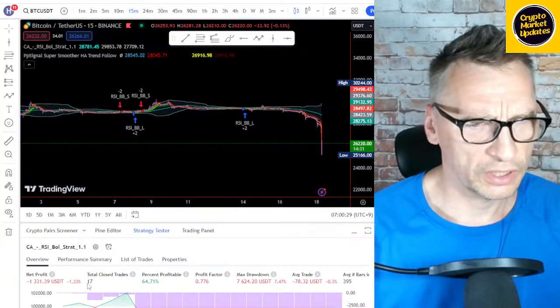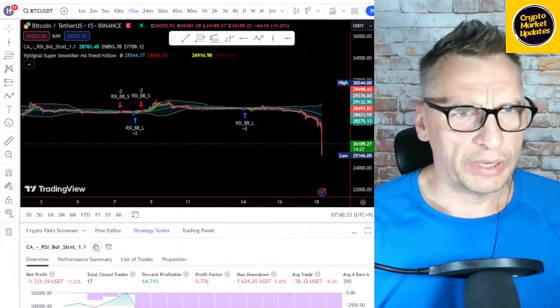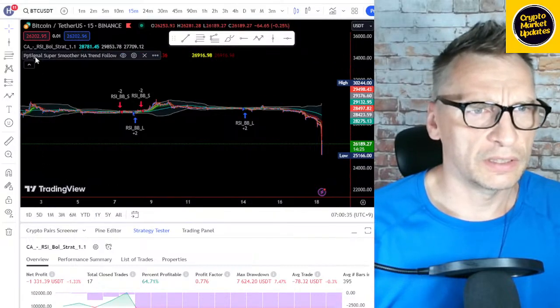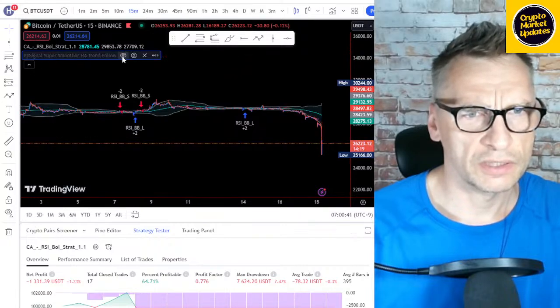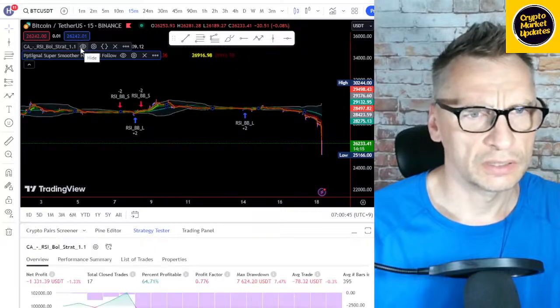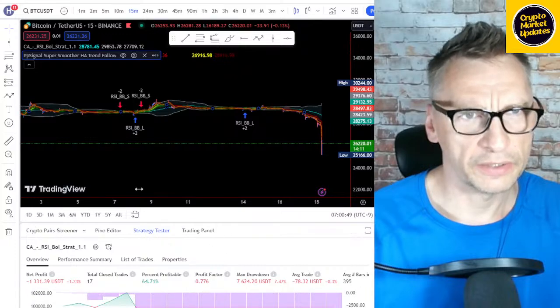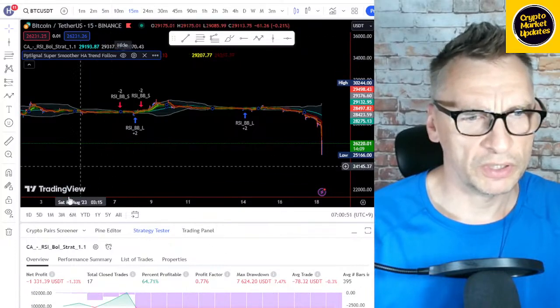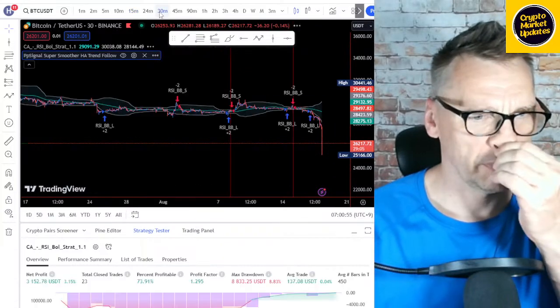I forgot to look. This is run in a tester in the Pine editor here. You've got the PP Signal Super Smoother. I think this is it. Let's see. No, that's not it. Is it here, RSI? Yeah, okay. So that's running in the Pine editor. If you switch between the different time frames, it'll give you a different profit margin.